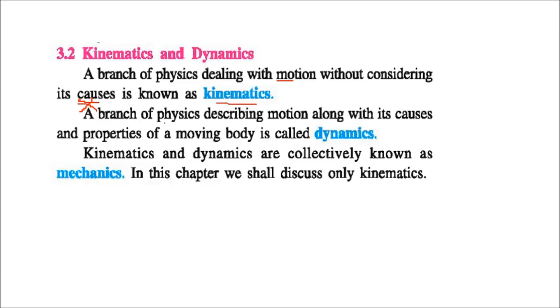But that branch of science which describes the motion, something in motion or moving, and along with it the causes are also investigated, the properties, the causes of a moving body, is known as dynamics. The kinematics and dynamics both are combined, and collectively they are known as mechanics. So in this chapter we'll discuss only kinematics.